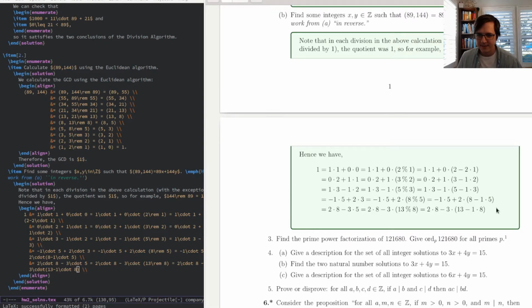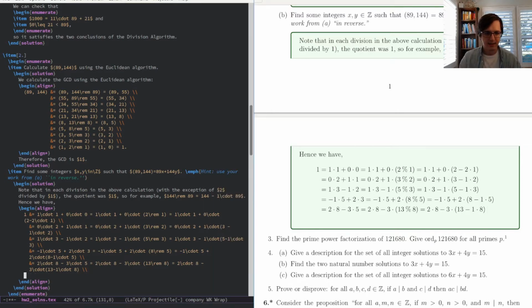Nice so far. Okay, so now let's collect terms. We have minus 3 13s. And how many 8s? 2 and 4, so 5 8s.